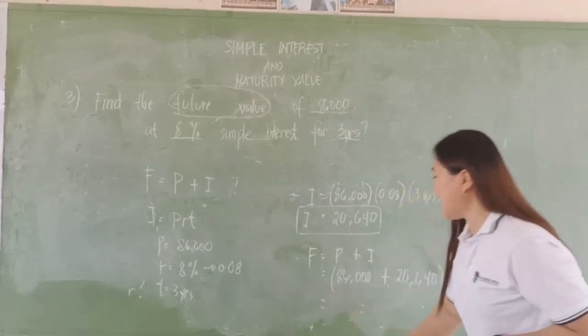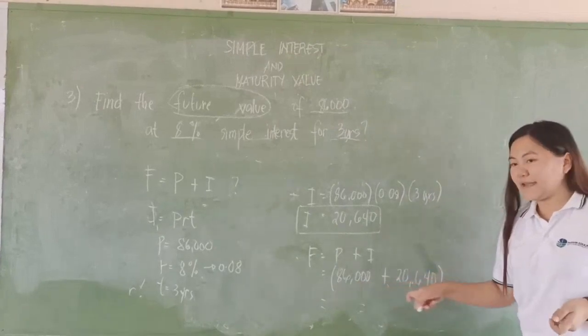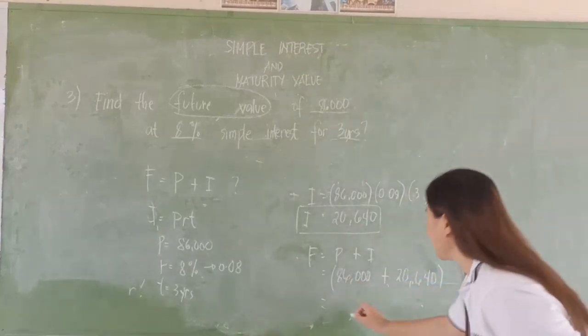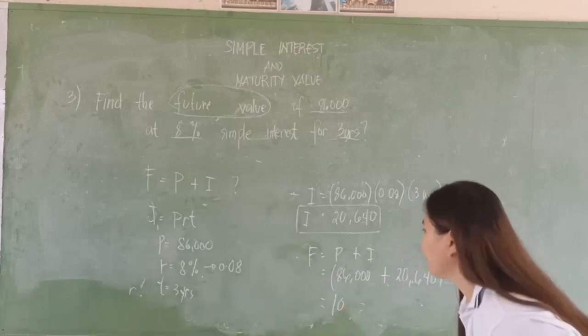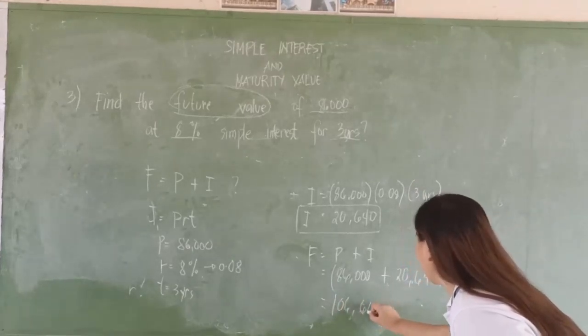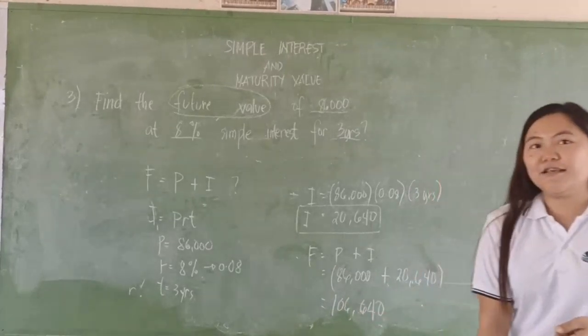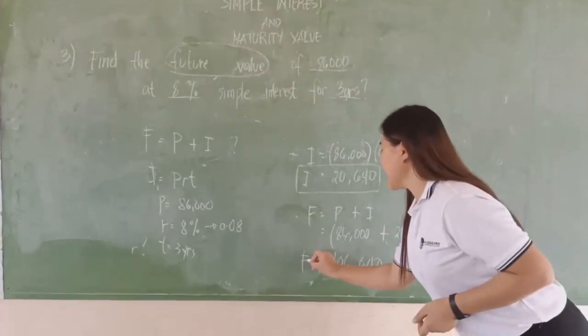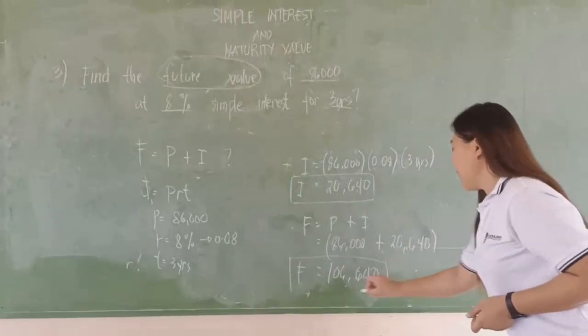So, add lang natin yung principal and then yung interest. So, magiging 106,640. So, meaning to say, ito na yung ating future value or maturity value.